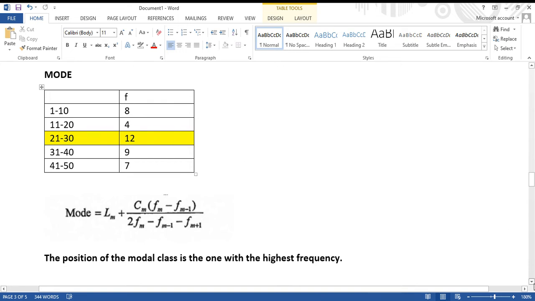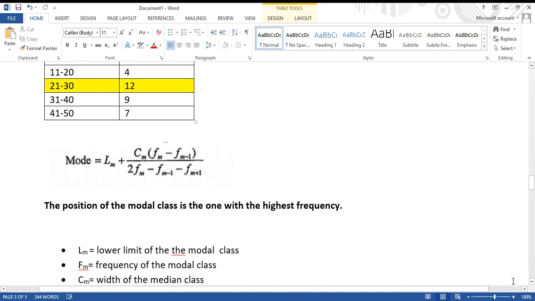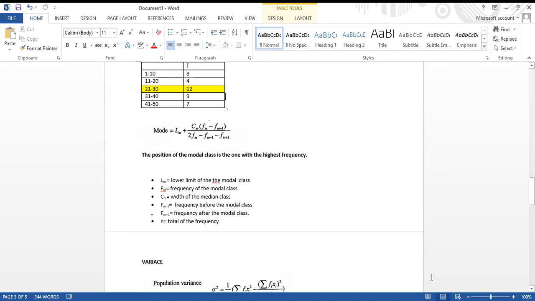Now, as the formula states, we need to know the lower limit of the modal class. To get it, you take this 20 from the preceding class and add it with this 21.